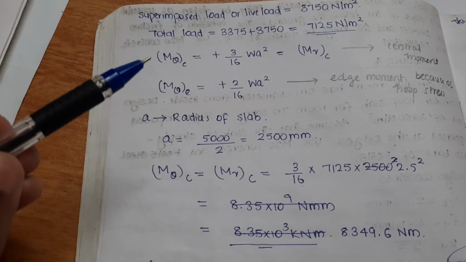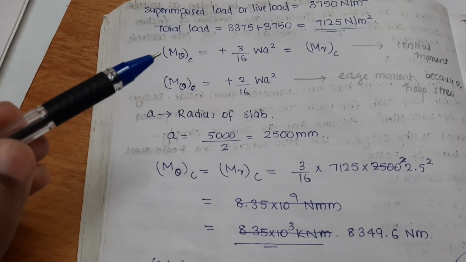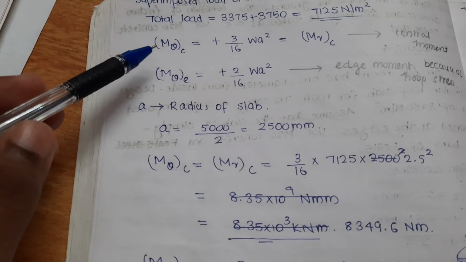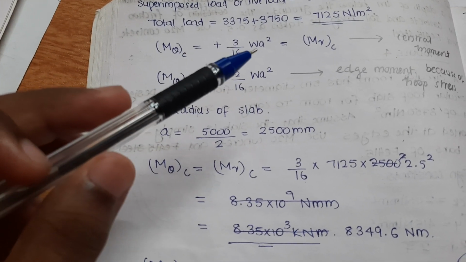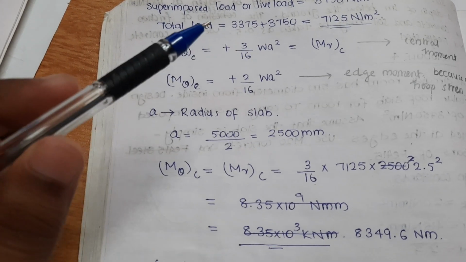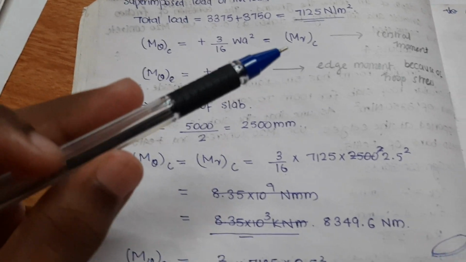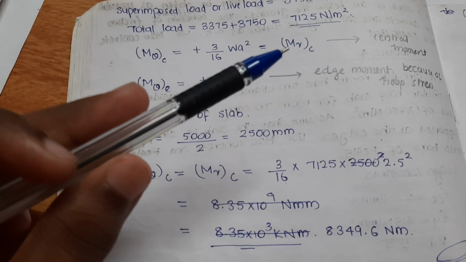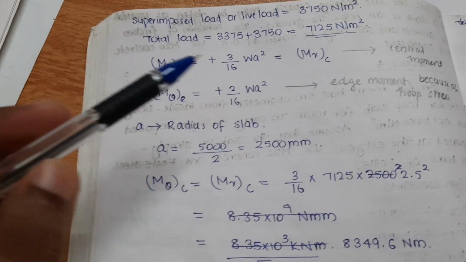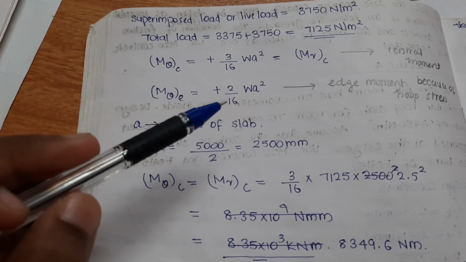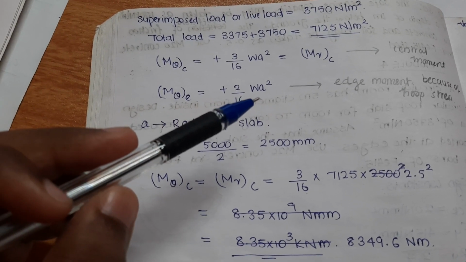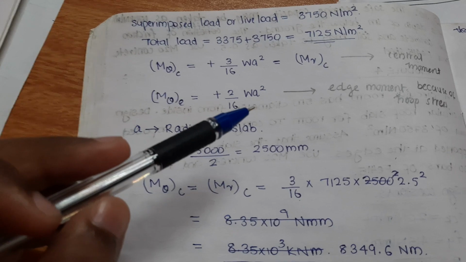So we know the equation for circumferential moment at center is equal to 3 by 16 W A square. We have studied this in the starting of this chapter. That is equal to the radial moment at center, the same value. Then the circumferential moment at edges is equal to 2 by 16 W A square.